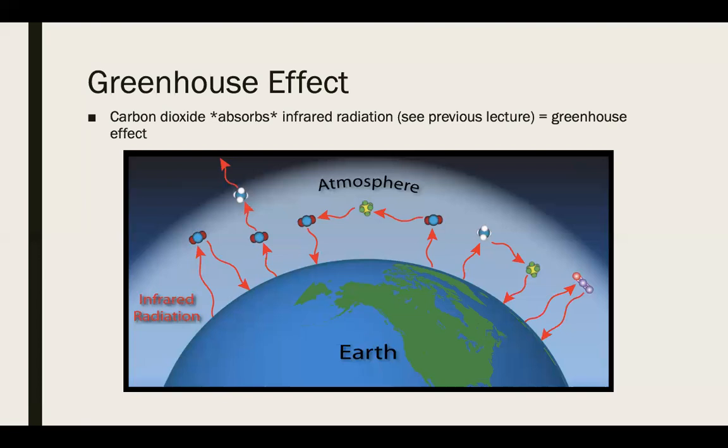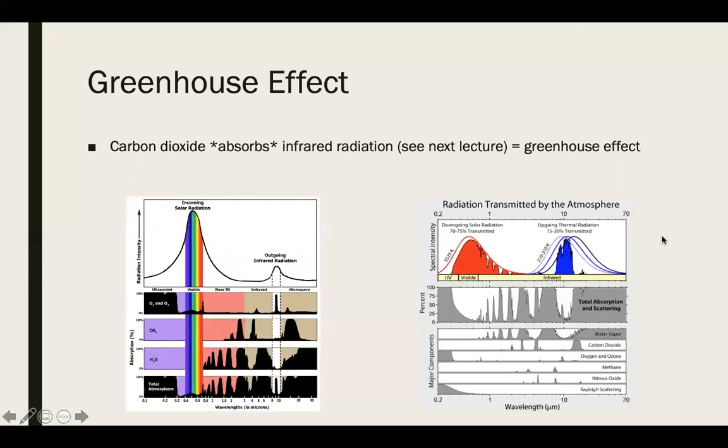So greenhouse gases, carbon dioxide, methane, and others, are not good at all at absorbing or interacting with the light from the sun. For example, look at this graph right here where my mouse is. This is the absorption percentage of carbon dioxide.